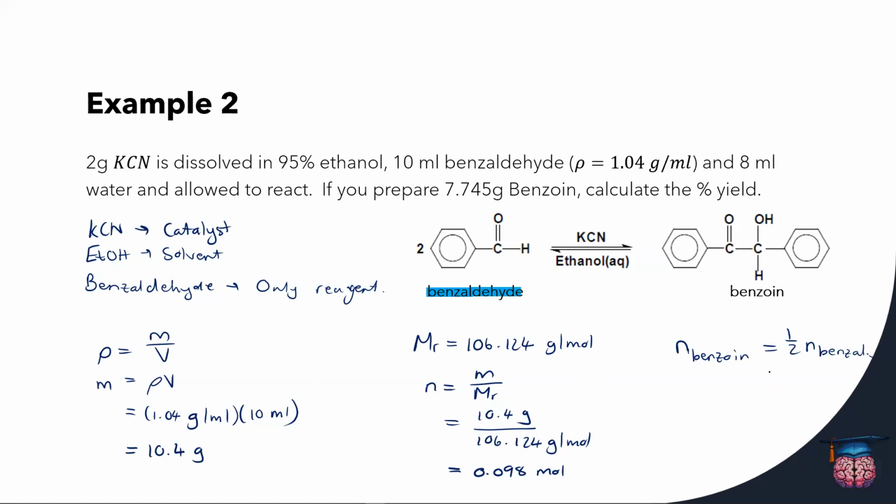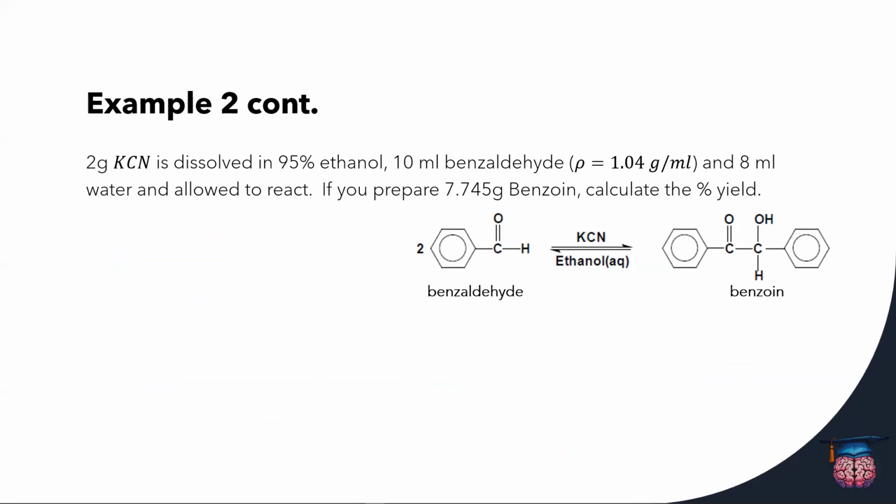And this gives us a value of 0.049 moles. So N of benzoin is equal to 0.049 moles.